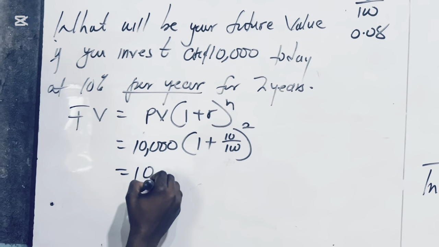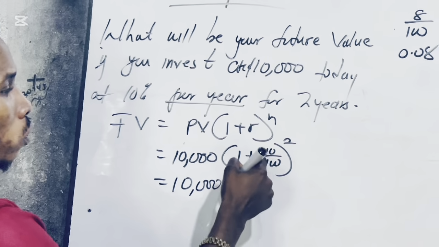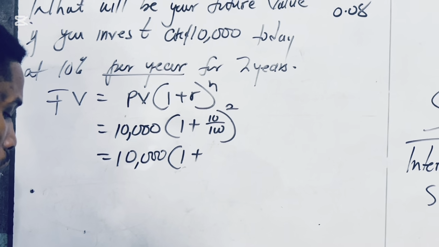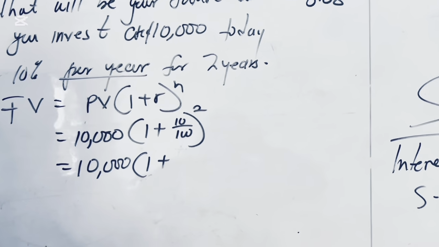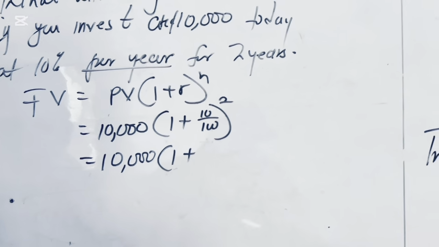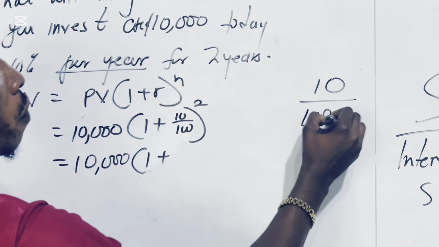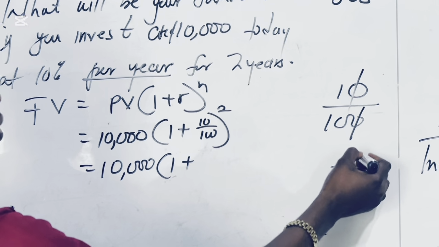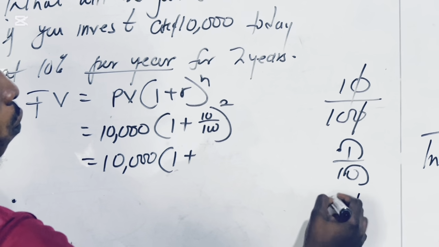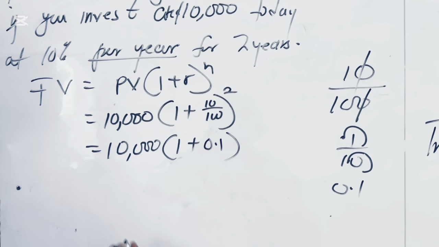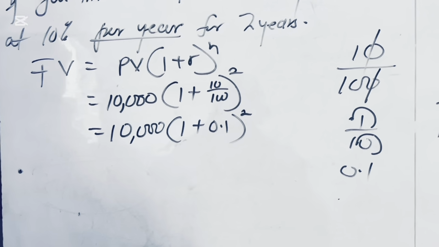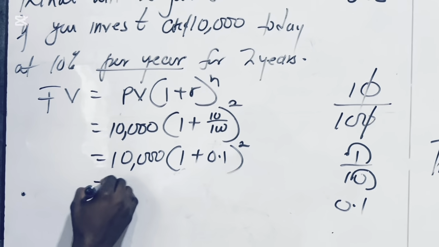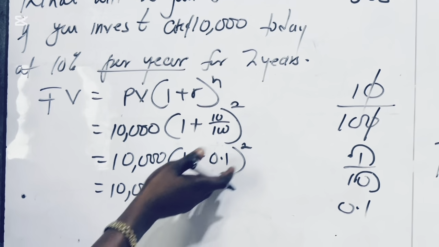So we have 10,000 times 1 plus 10%. If you punch 10 over 100 on a calculator, it will give you 0.1. You see, 0 cancels 0, and we have 0.1, raised to the power 2. You can input this on your calculator and then write down your value. But if you want the step by step, this is how you go about it.